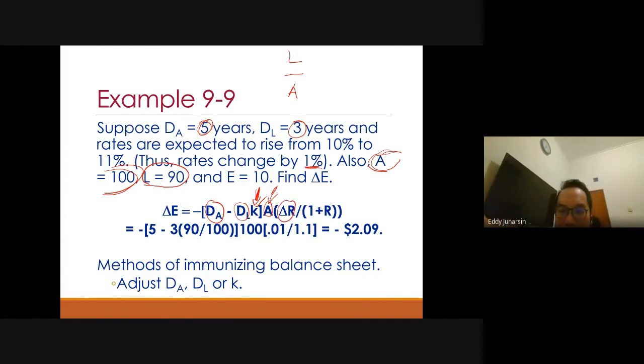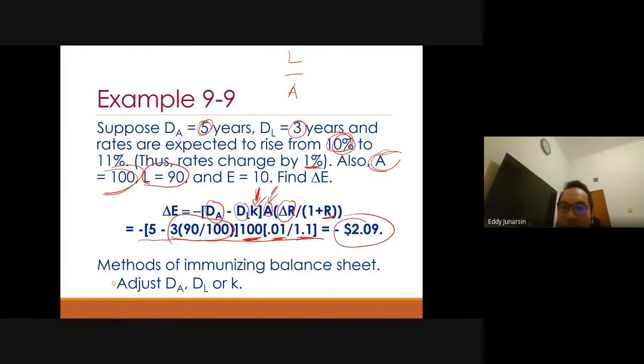And then the change in interest rate that you're afraid of is positive 1%, divided by 1 plus the original interest rate. The original interest rate is 10%. So you put it into the calculation: 5 minus 3, but multiplied by 90% first, multiplied by the value of assets, multiplied by the change in interest rate divided by 1 plus the original interest rate.